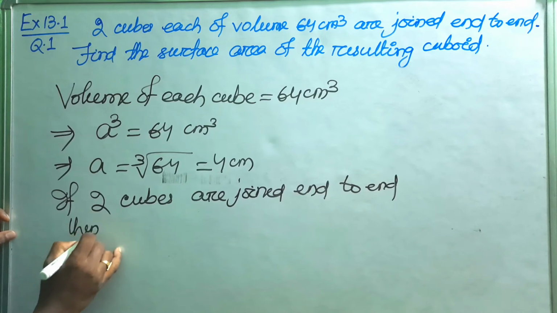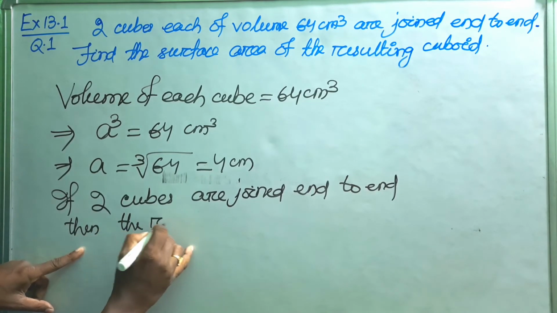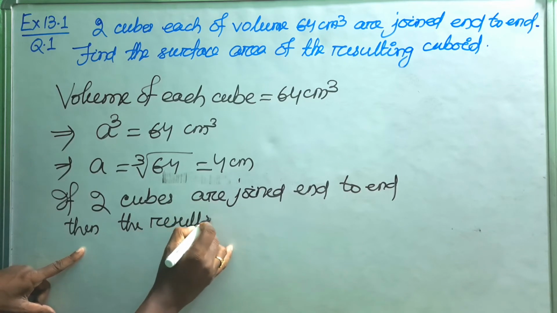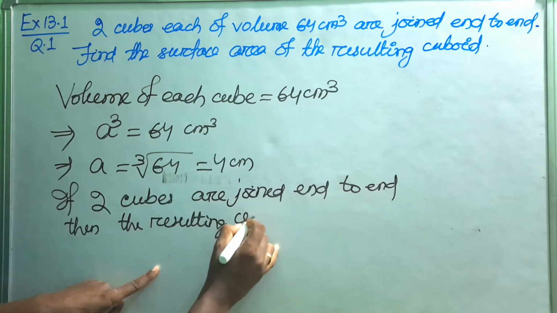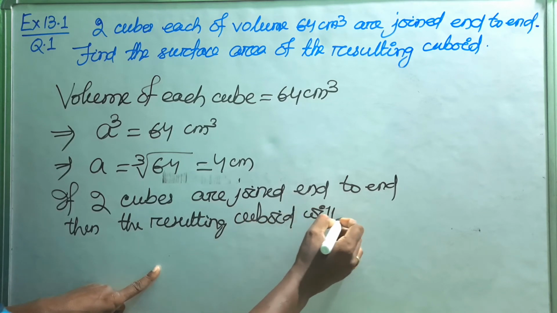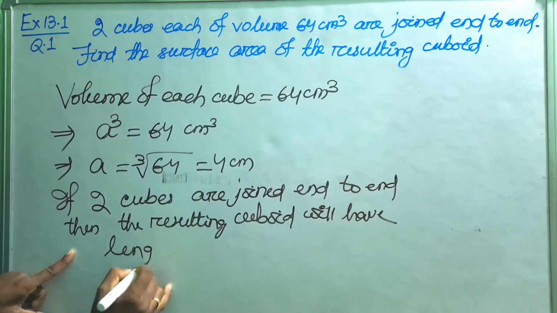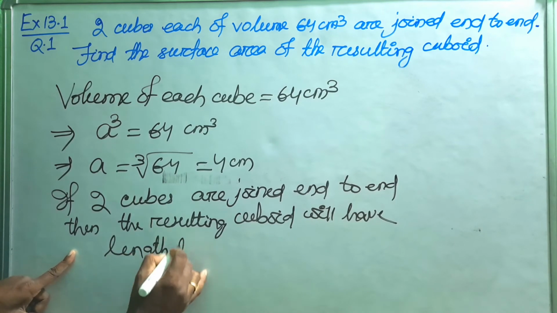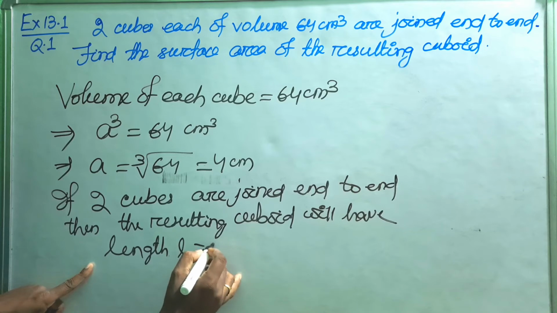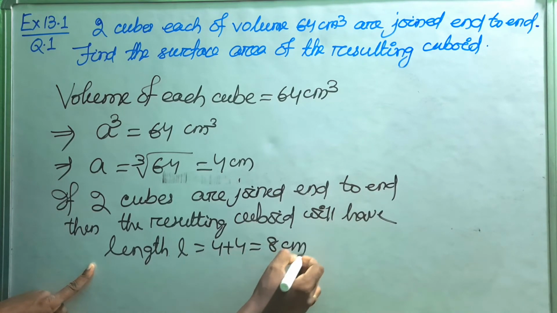then the resulting cuboid will have length L equal to 4 plus 4, that is 8 centimeter.